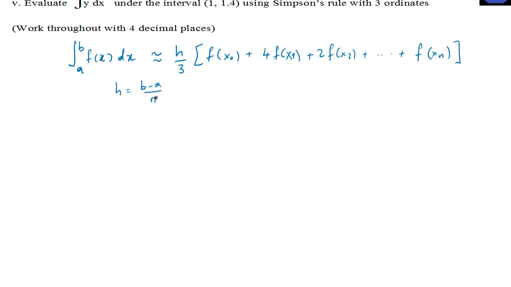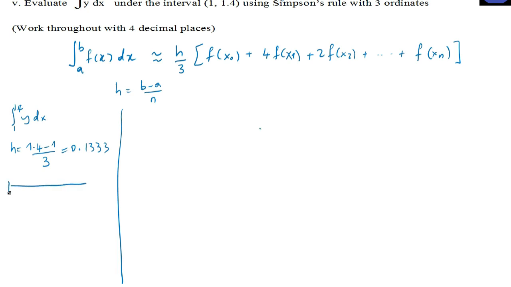So for this example, it's straightforward. We have to figure out the integral from 1 to 1.4 of y dx. So our h here is (1.4 minus 1) over 3, that gives me 0.1333. It means that we have 3 ordinates, so I have to go from 1 to 1.4.